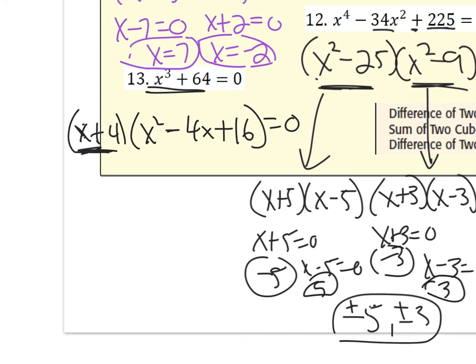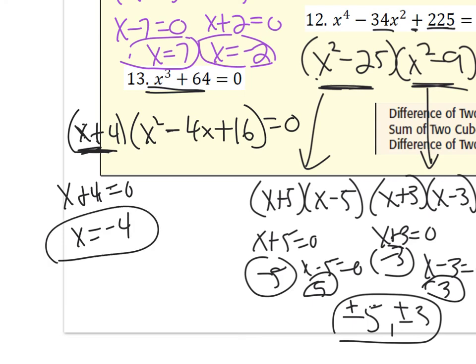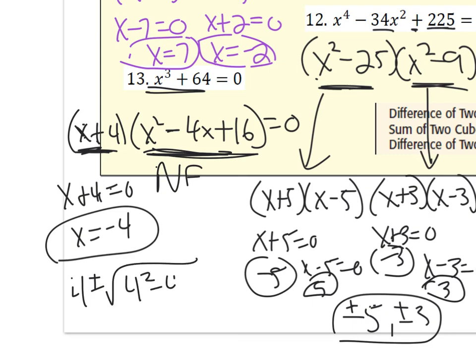So that's going to be x plus 4 equals 0, so x equals negative 4. And then for this one, I can't factor it. It's not factorable. So what I could do is run the quadratic formula. I could do 4 plus or minus the square root of 4 squared minus 4 times 1 times 16, all over 2 times 1.